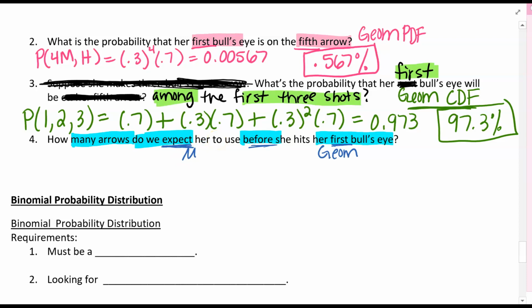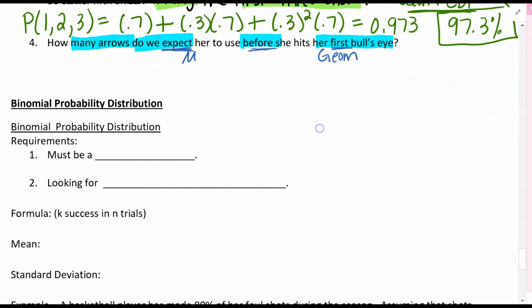How many arrows do we expect? That means you're looking for the average. So my formula for mean for geometric is 1 over P. And P is my probability of success, so that's 1 over 0.7.